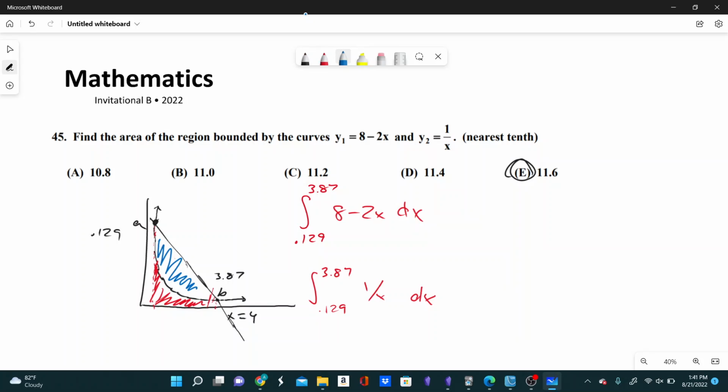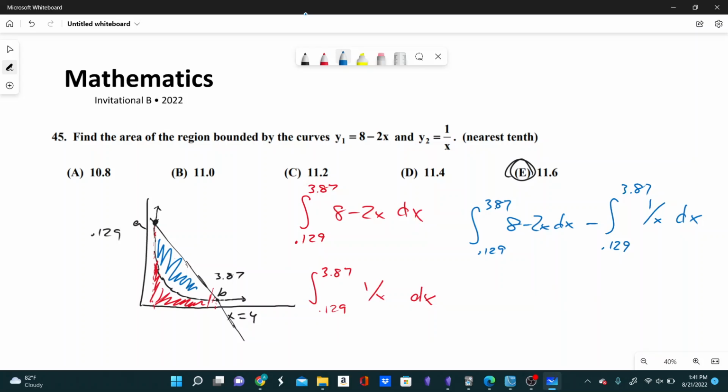So if you take the integral from these two bounds of 8 minus 2x dx and subtract out the integral from 0.129 to 3.87 of 1 over x dx, that will give you the bounded area. But that's not exactly what I did.